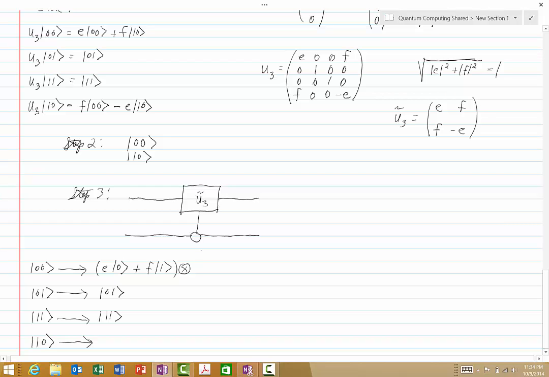and then the second 0 just goes right through here, and so we get E times 0, 0 plus F times 1, 0.